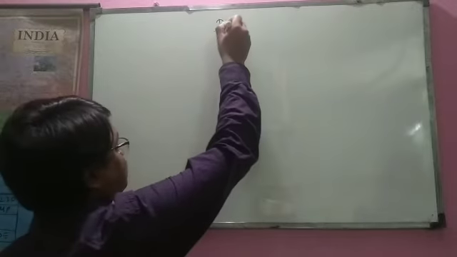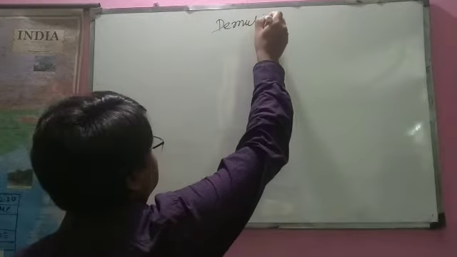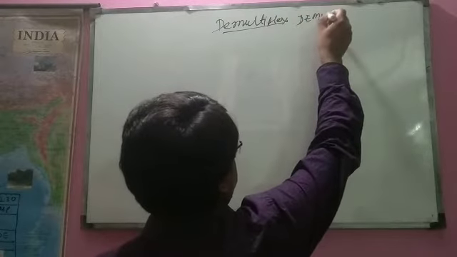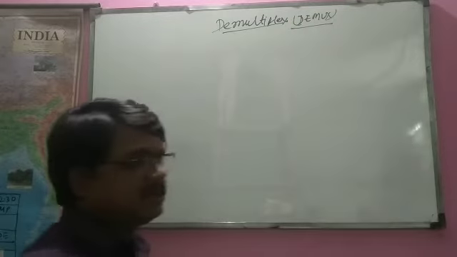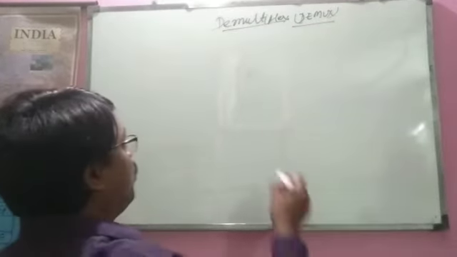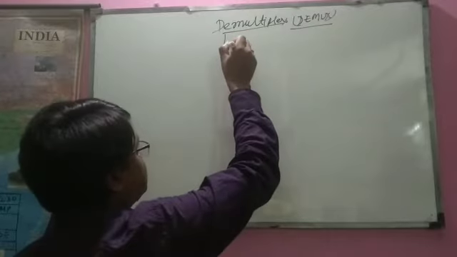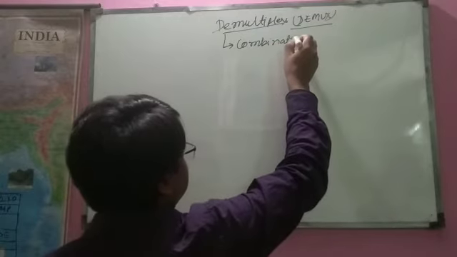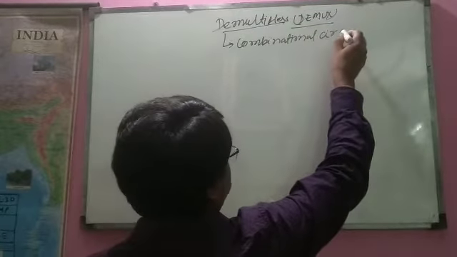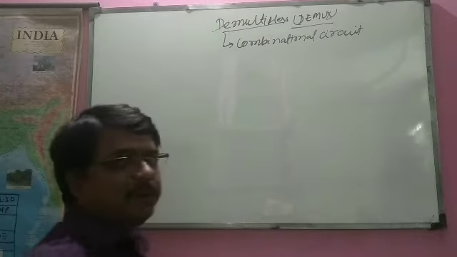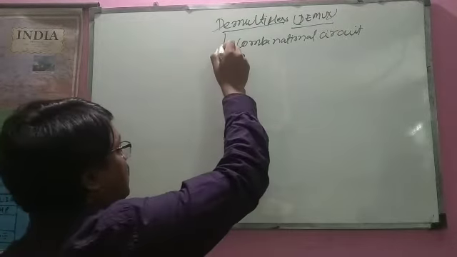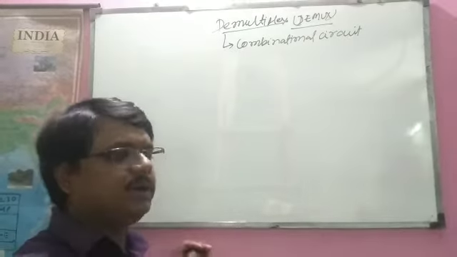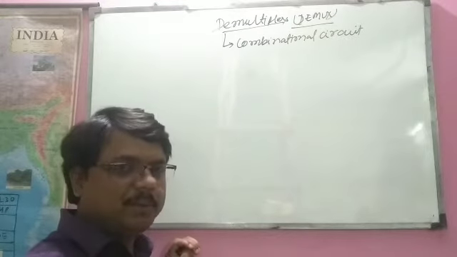The demultiplexer is popularly known as DMUX. It is a one-to-many circuit. First of all, this is also a combinational circuit. That is, there is no memory, and its output depends upon the present input.